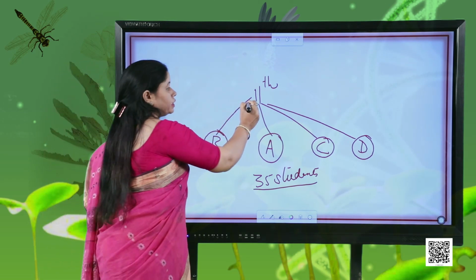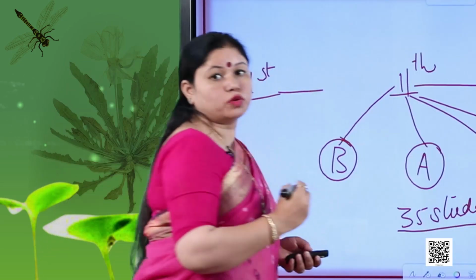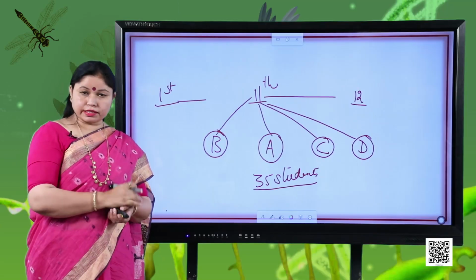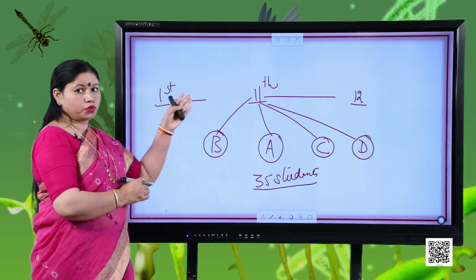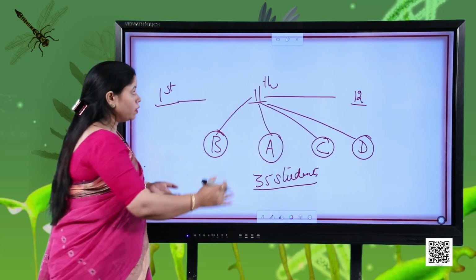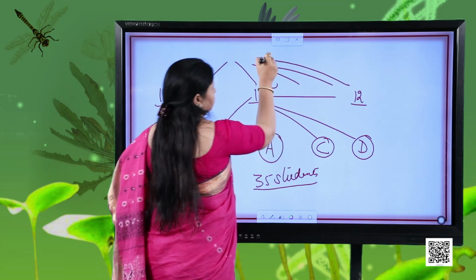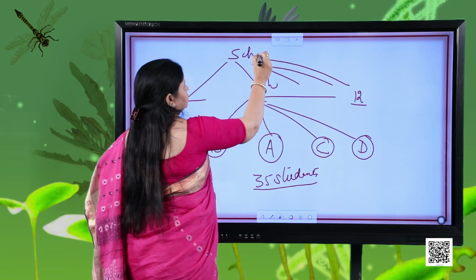There will be 12 classes in that school, class 1, 2, 3, 4, similarly it will go on up to class 12, and all these classes are there in a school.